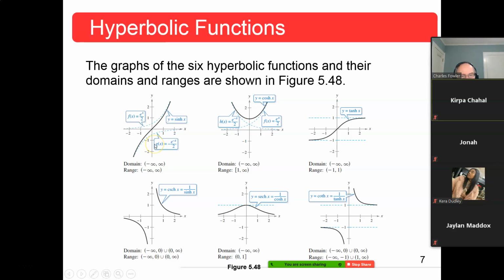Okay, let's go back to the hyperbolics. You expect the other to look something like this, only the dotted lines are going to be vertical, not horizontal. And this will then be something that looks like this.